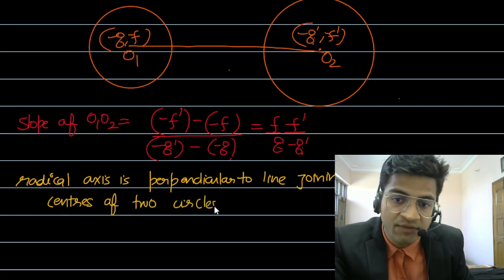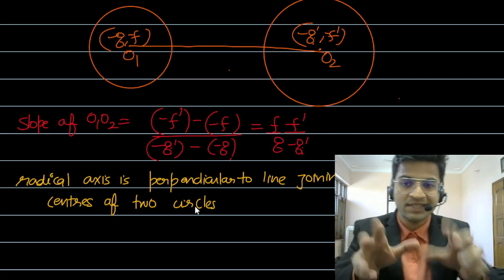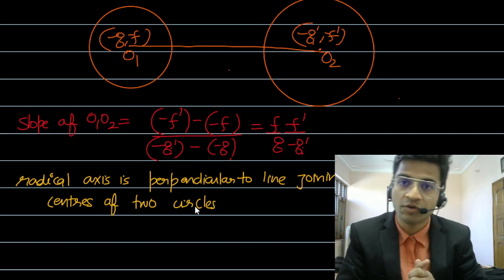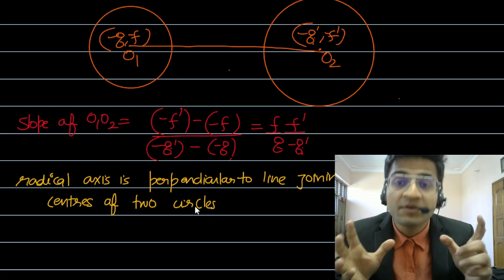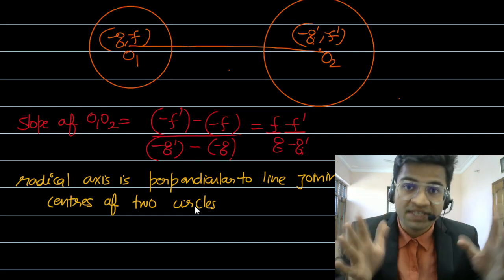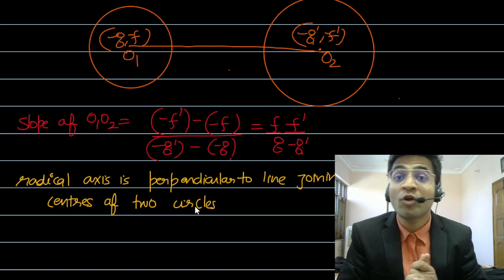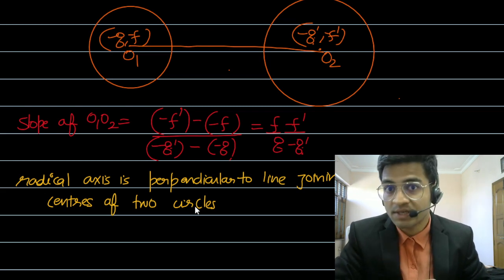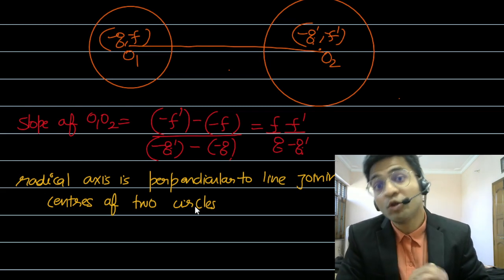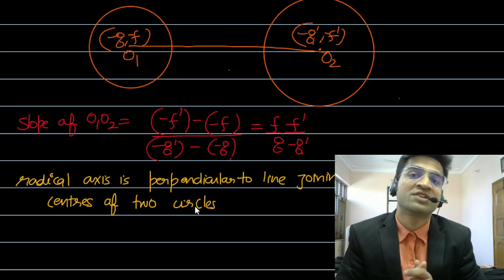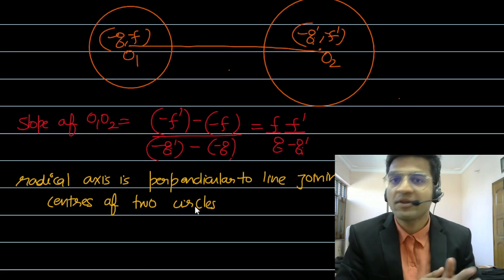And I will leave a particular part of this to you. If the radii of both circles are the same, or the two circles are congruent, then the radical axis will not only be perpendicular to the line joining the centers, but it will also be the perpendicular bisector of the line joining the centers. So this you have to understand by yourself.